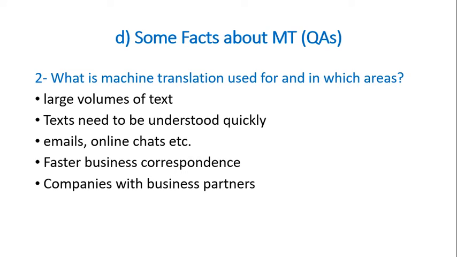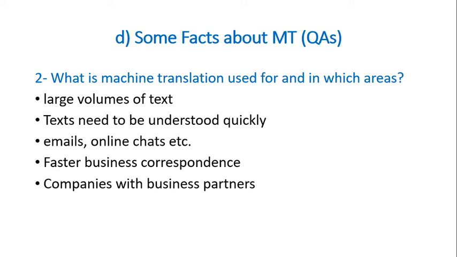The large volumes of text: if we have large volumes of text and we want to translate them quickly, machine translation is the most suitable solution. Text needed to be understood quickly: we are not looking for grammatically correct sentences or translation. We just want to know the gist, or the summary, of the text.